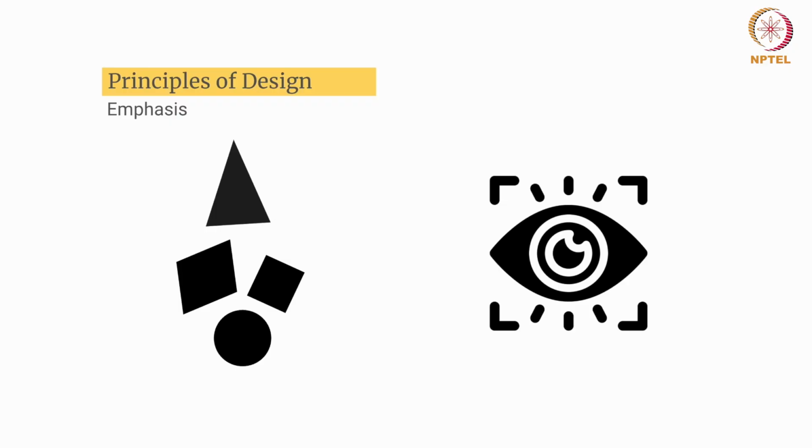Here, you can see in the left portion of this slide, there is an image, right? And this image consists of a triangle, rhombus, square, and a circle. So here your emphasis is towards the upper side of the image. You may ask how it's happening. The primary goal here is how the elements are associated with this.